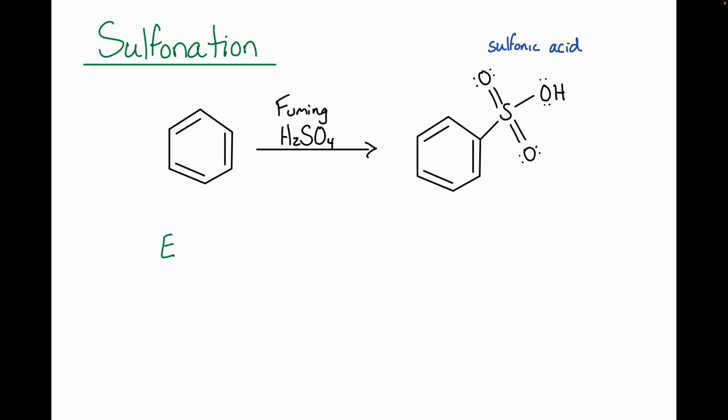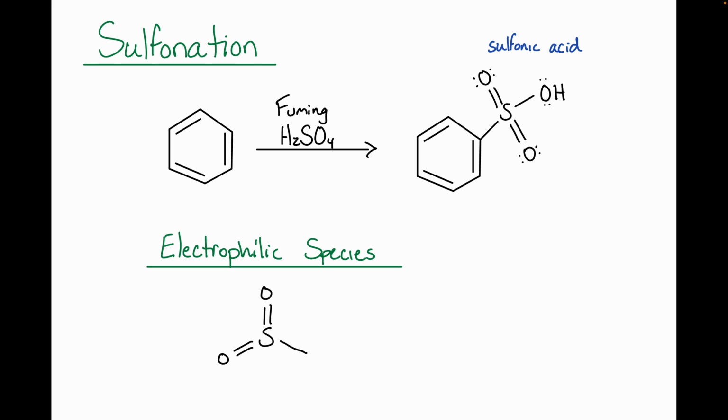And our electrophilic species, similar to what happens with our nitric acid, we have a dehydration. That leaves our sulfur relatively electron deficient.